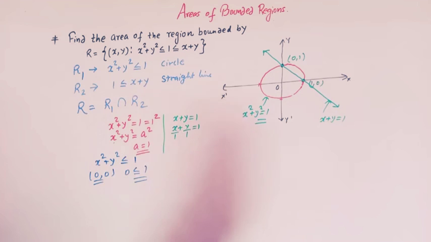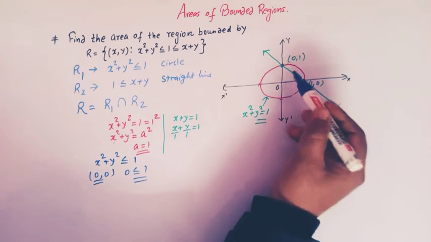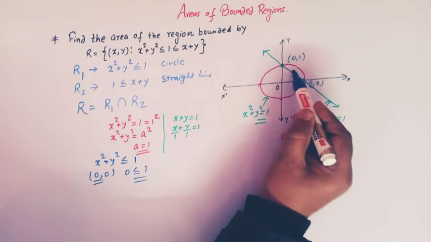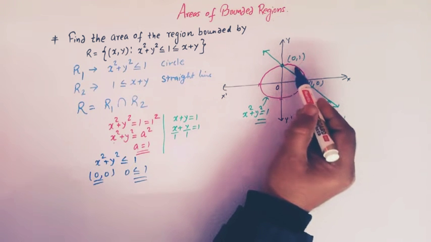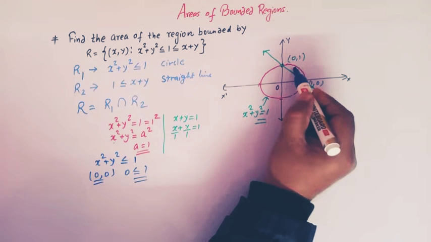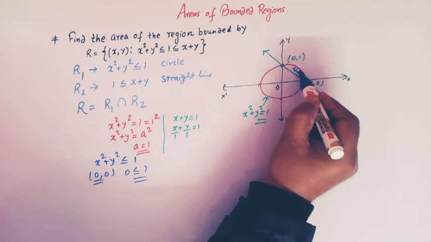So it means we have to take the region of the circle which lies towards the origin, or the interior. So here we have this region.